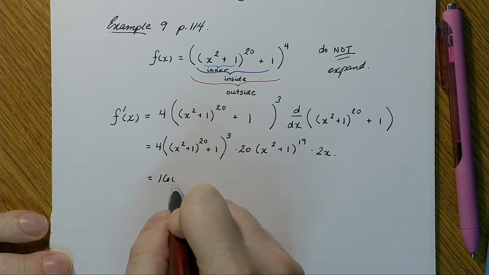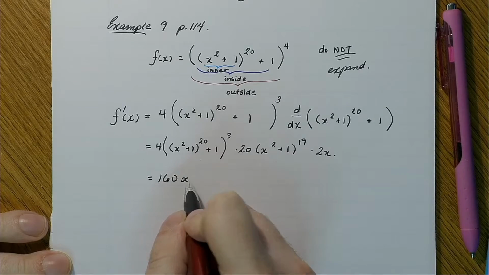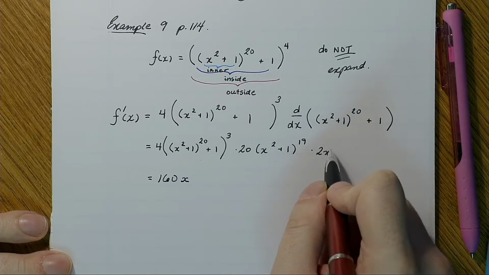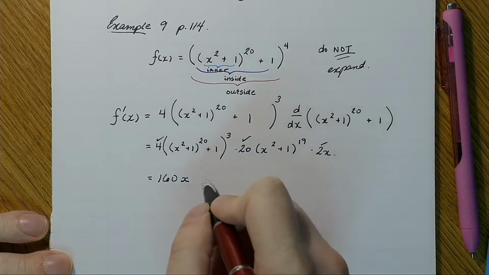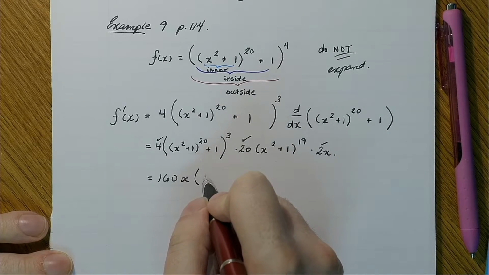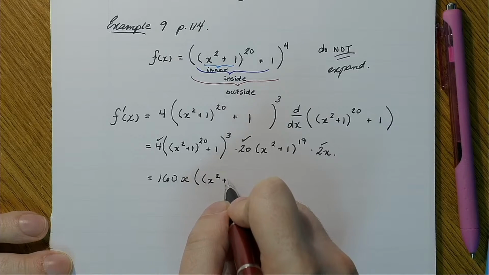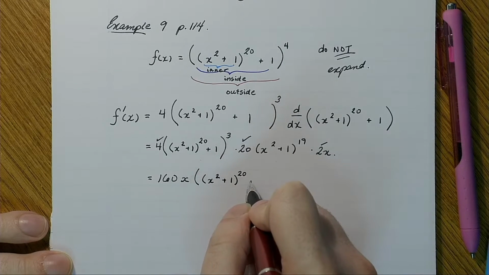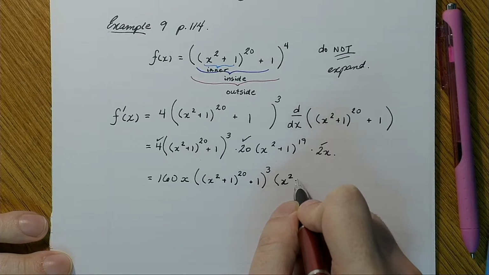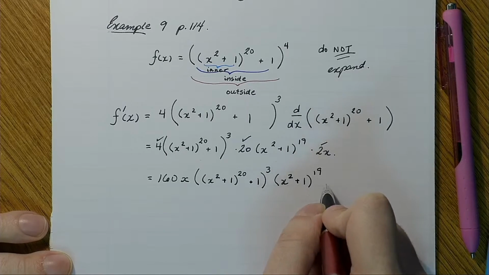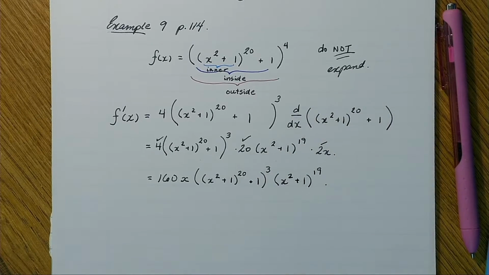So it's 160x. So I've done this, and I've done that. So I'm left with 160x times (x squared plus 1 to the 20, plus 1) to the 3, times (x squared plus 1) to the 19th. And that, I believe, ladies and gentlemen, we are finished.